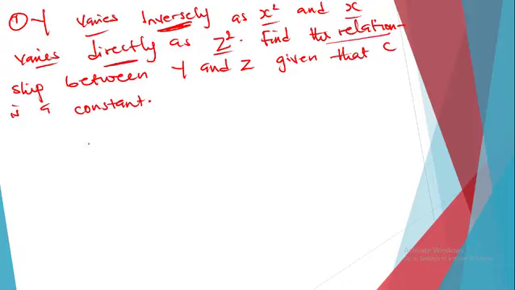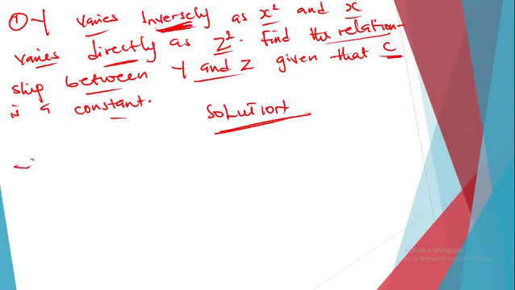Then find the relationship that exists between y and z, given that c is a constant. Okay, let us start. We will solve this question part by part. The first sentence says that y varies inversely as what? X squared.